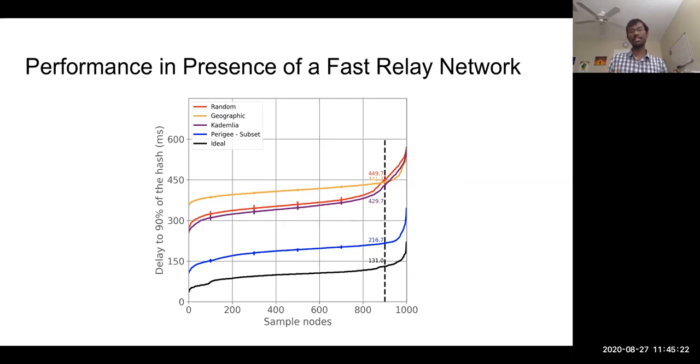But the only change is we embed a network of 100 nodes in this setting. And these 100 nodes are interconnected to each other through high-speed links. And then we run Perigee as before. And basically, as shown in this picture, the gains achieved by Perigee are even greater here, because Perigee is able to realize the presence of this fast relay network, and it's able to adapt its topology to exploit the fast relay network.